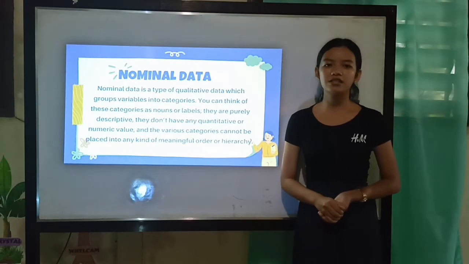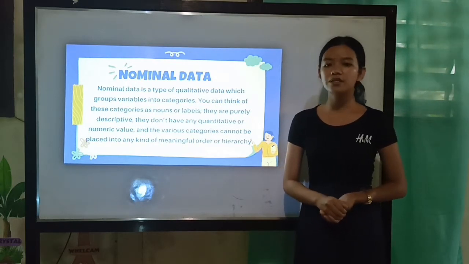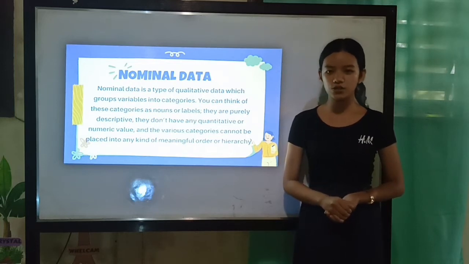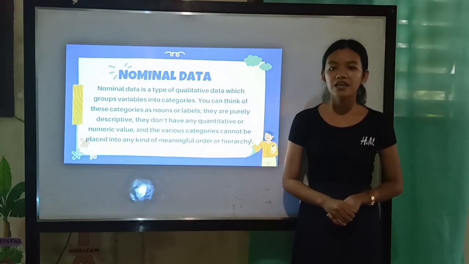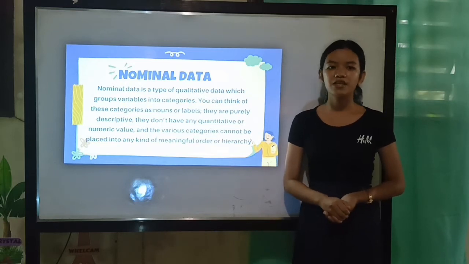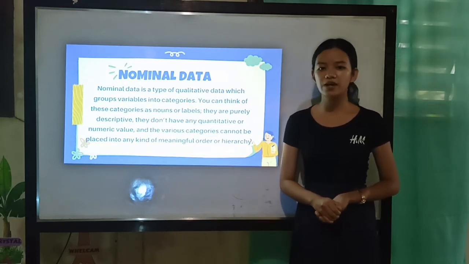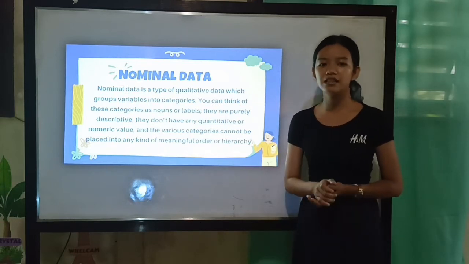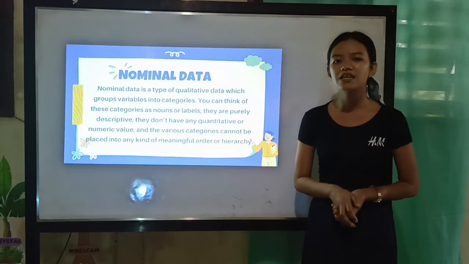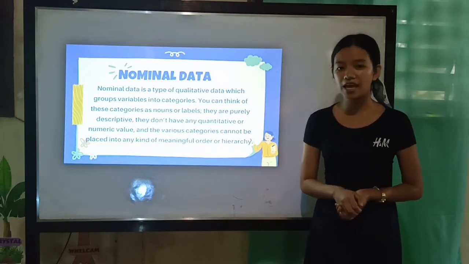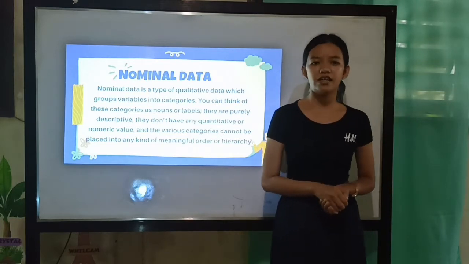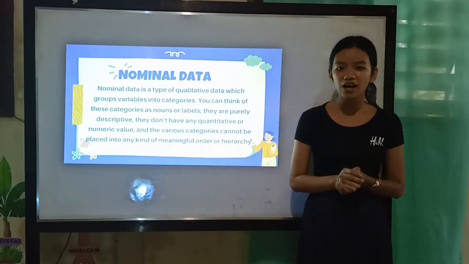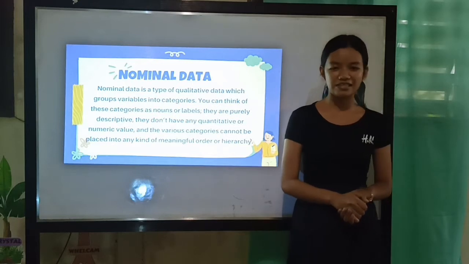At this point, it's important to note that nominal data may be represented by numbers as well as words. However, these number labels don't have any kind of numeric meaning. Although you are assigning numbers to each category, these numbers do not represent any kind of value or hierarchy. You can identify nominal data according to the following characteristics.